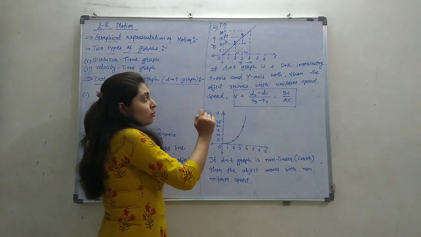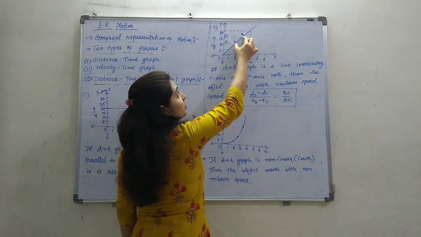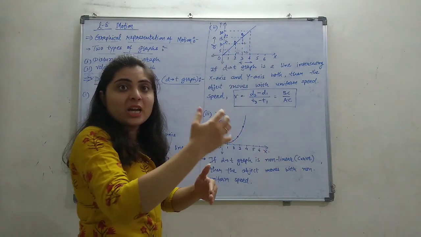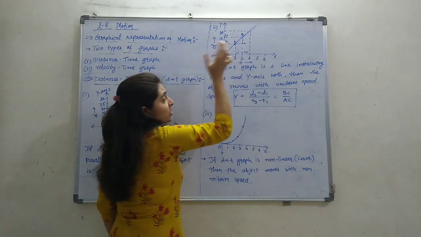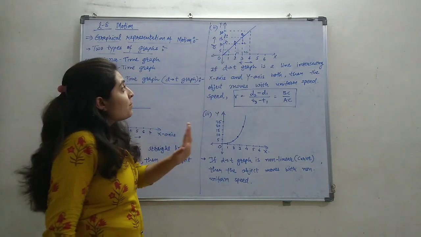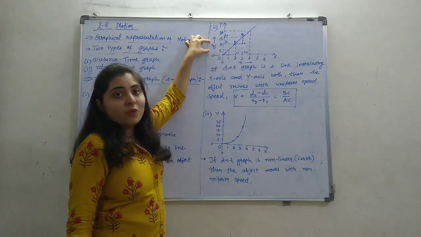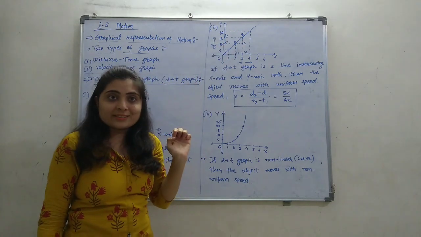I want to find how much distance the object has traveled from A to B, and to travel this distance, how much time it has taken. Simply, if I want distance, then I have to go to the y-axis. And if I want time, I have to go to the x-axis.